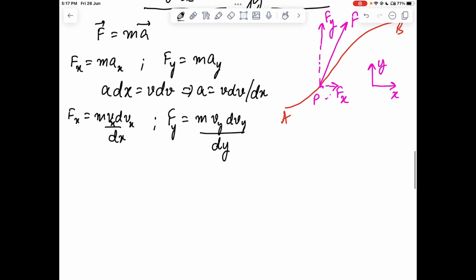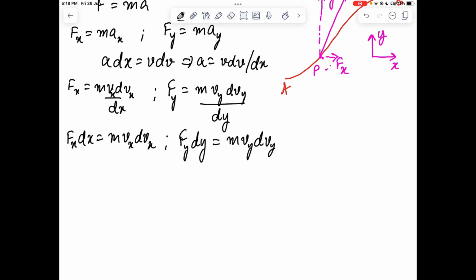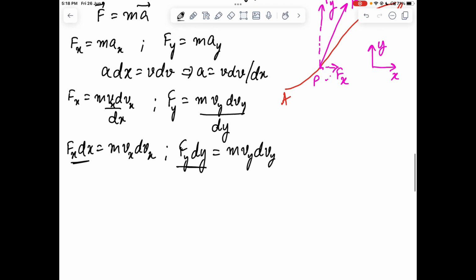So then what we can write is Fx dx is equal to m vx dvx, and Fy dy is equal to m vy dvy. Now we know, of course, that these quantities are simply the work in the x and y direction. So this is actually dWx and this is dWy.